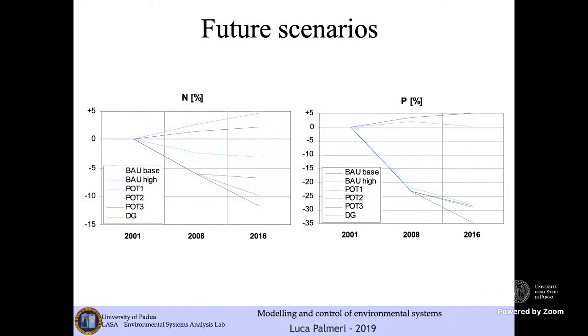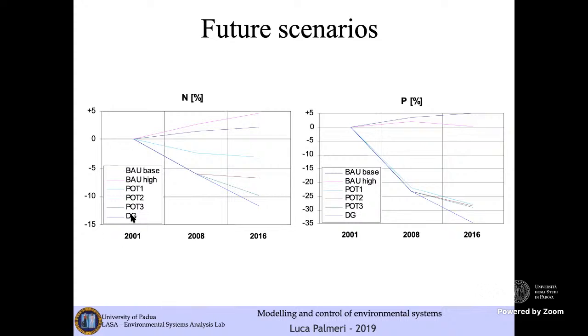Finally, by this kind of modeling effort, we have been able to evaluate future scenarios for the management of the Po River catchment. We identified 6 scenarios: 2 business as usual scenarios, business as usual basic and business as usual high, policy targets at 3 levels, meaning implementation of policy for nature protection, and a deep green scenario.